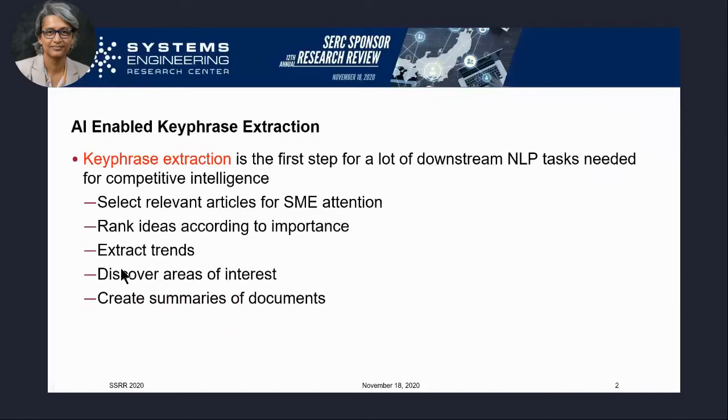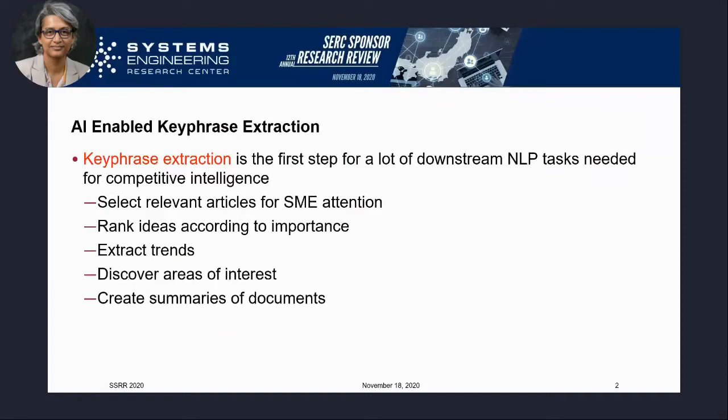Okay, so key phrase extraction is essentially the problem of you have a big document and you're trying to understand what the document is talking about using just a few phrases. This is a very important step in a lot of downstream NLP tasks, especially things you would need in competitive intelligence, like trying to understand what kind of articles are relevant to an SME, a subject matter expert, ranking ideas according to importance.